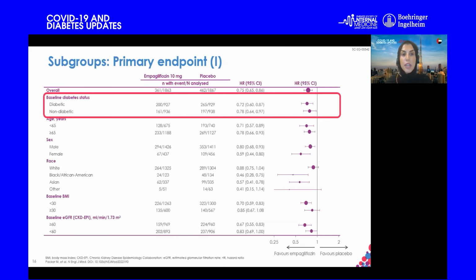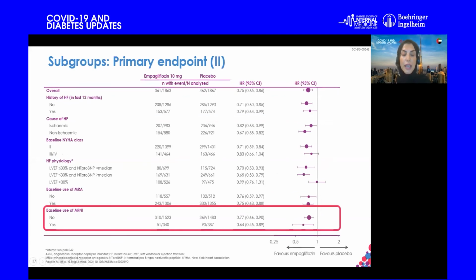When we look in depth into the primary endpoint and we look at the subgroup of patients that have been studied, we can see that regardless of the diabetes status at baseline and regardless of age, gender, race, baseline BMI, and the eGFR at baseline, the results were still consistent in favor of empagliflozin when compared to placebo on top of standard of care.